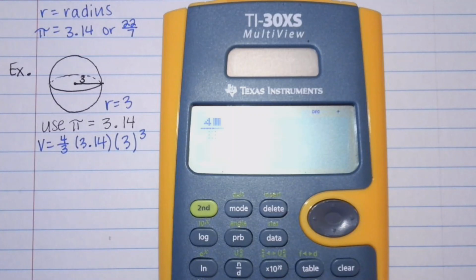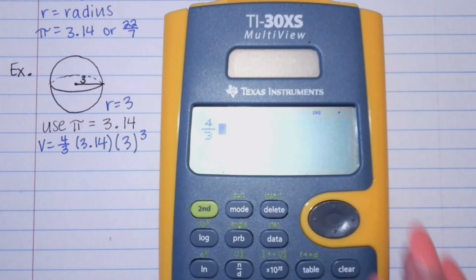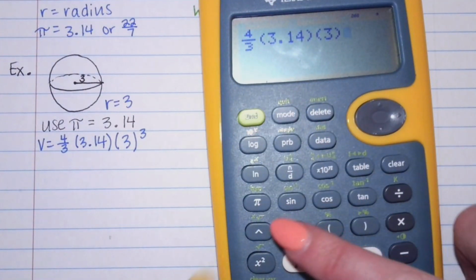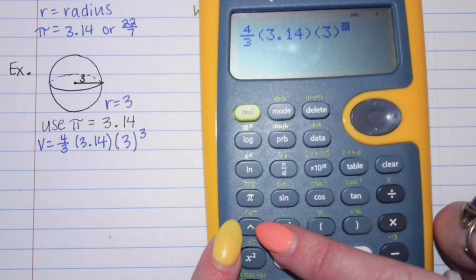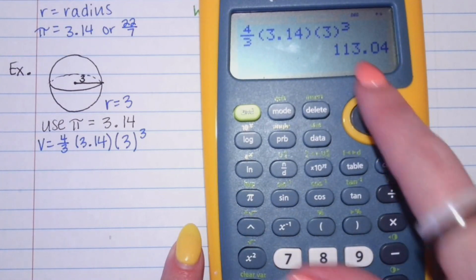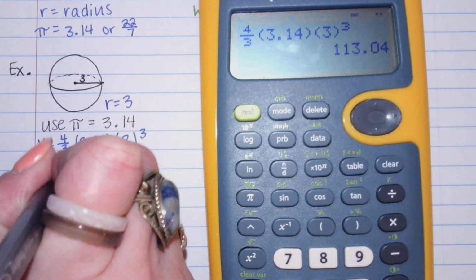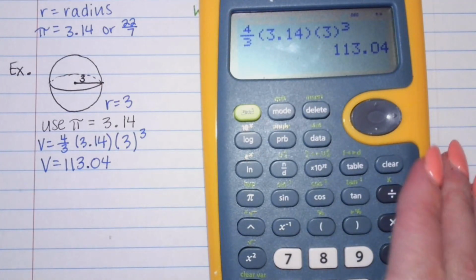So my fraction is 4/3, parentheses 3.14, parentheses 3, and then to enter in that exponent of 3, I'm going to press this button right here beneath pi. That's our exponent key, and then our exponent is 3. So you can see that puts it right up there. And when I press enter, I get my whole answer, and the volume of this is 113.04. And that's it.